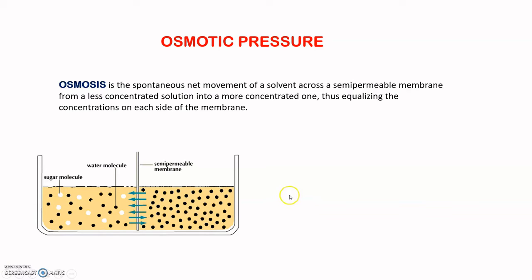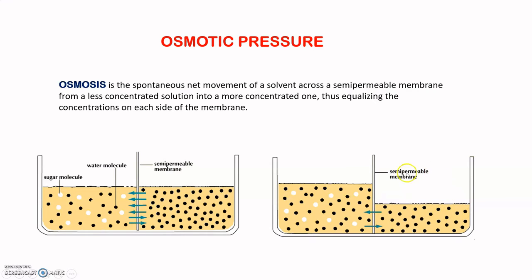So ultimately, what happens? A lot of solvent molecules will come into the sugar solution side. And then finally an equilibrium will be reached wherein an equal number of solvent molecules will move to and fro between these 2 compartments. So this osmosis happens until an equilibrium is reached.